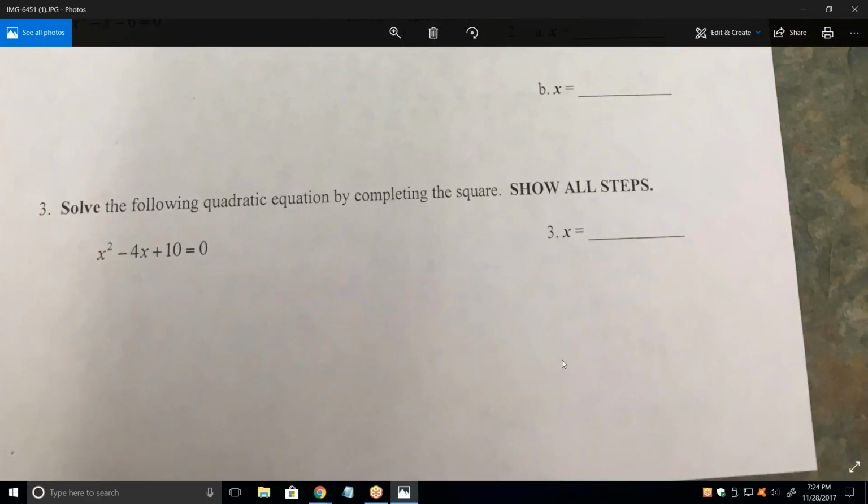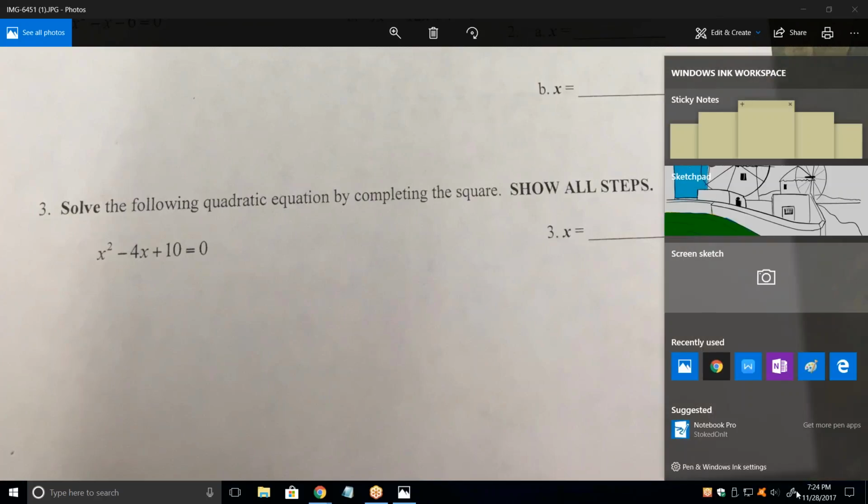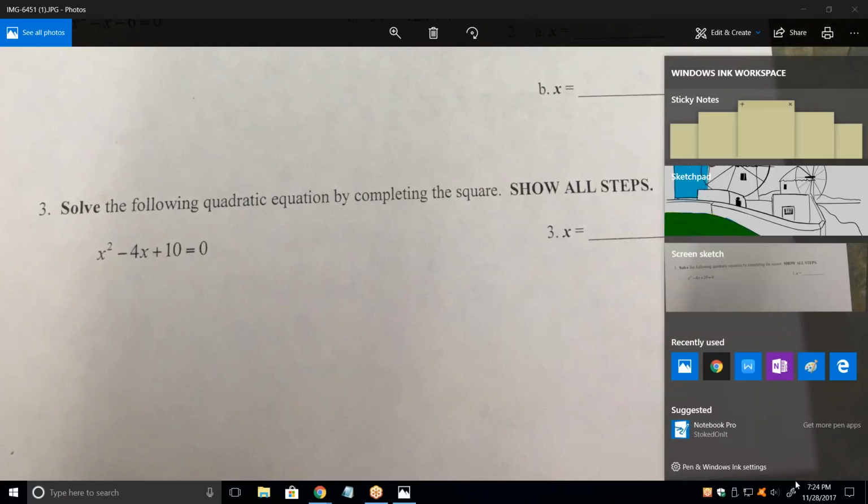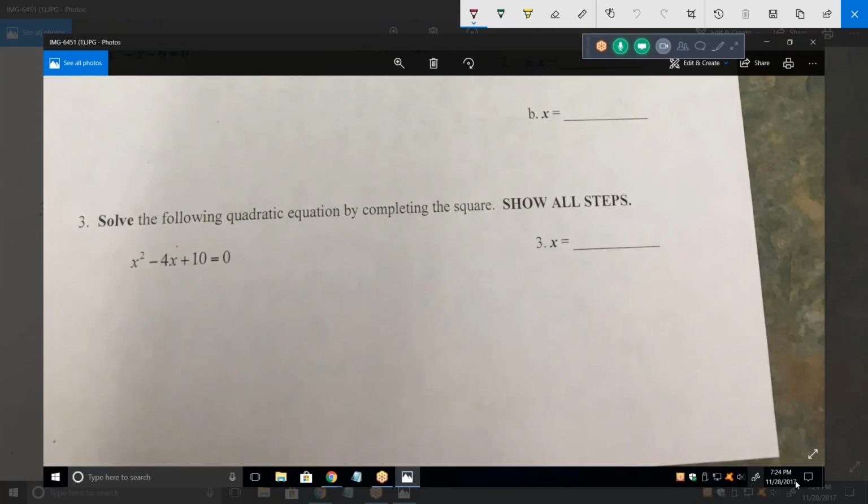All right, completing the square. This is something you have to do a lot in algebra. Solve by completing the square. First of all, let's talk about completing the square. I am going to take these two terms that both have x in them.